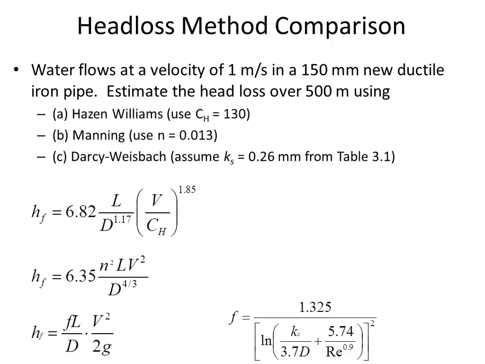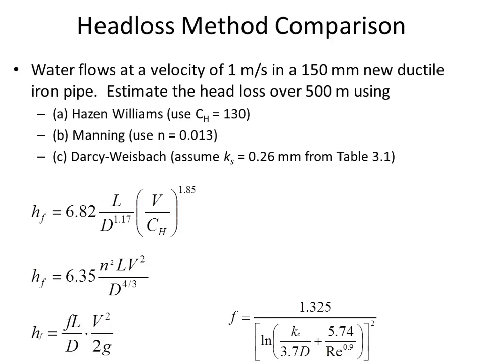Then 0.0240 times the length, 500 meters, 1 meter per second, squaring that, divided by diameter times 2g. Okay, 4.08 meters. So the Darcy-Weisbach equation is the most accurate among them.